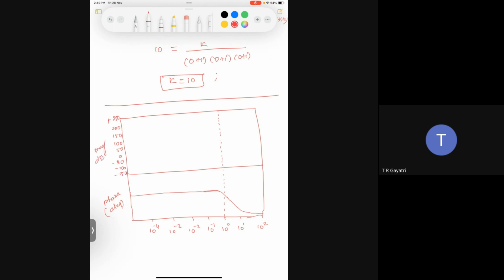The magnitude starts between 200 to 150 and keeps descending until it reaches around 0. Between 0 until this point it has a steady slope.